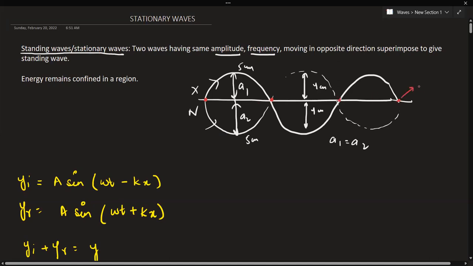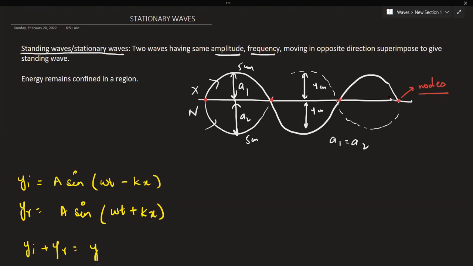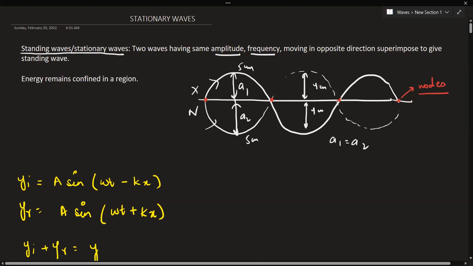So what are these points known as? Nodes. Then see, contrary to this, midway between these nodes, there are points where the amplitude of the particles of the medium is maximum. Then we say those points are known as antinodes. For example, the highest peak points. These are known as antinodes.